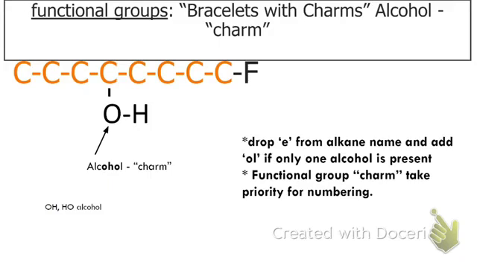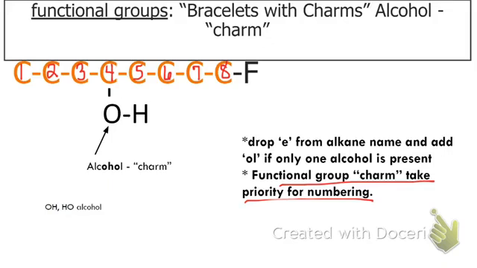Because the functional group charms have priority for numbering, the alcohol is going to be closest to the carbon number 1 at the end. So this is carbon number 1, 2, 3, 4, 5, 6, 7, and 8. So now we know all our carbons. We know that the alcohol is on carbon number 4.